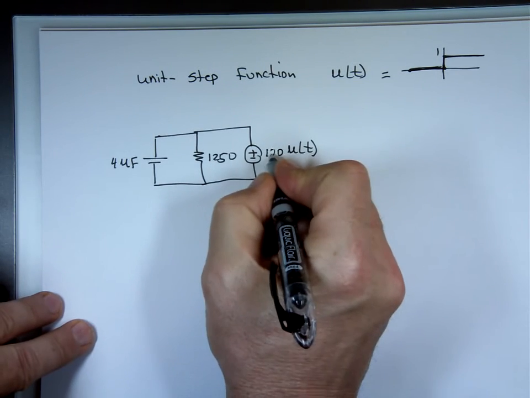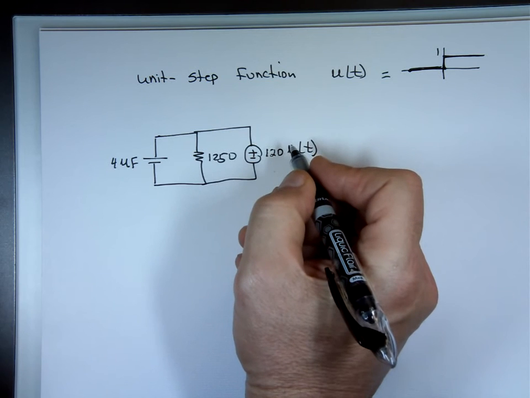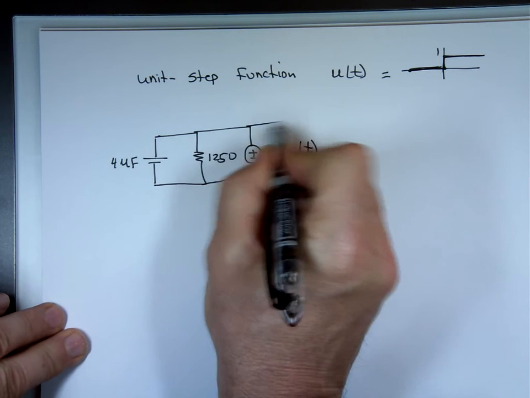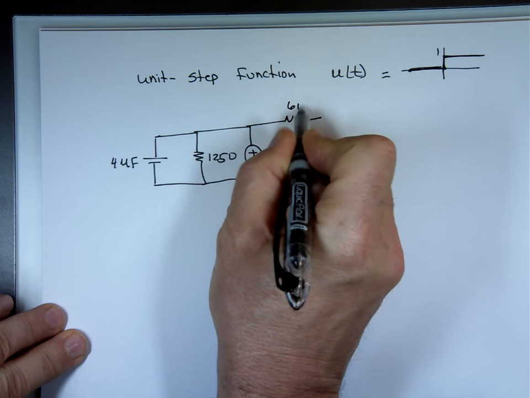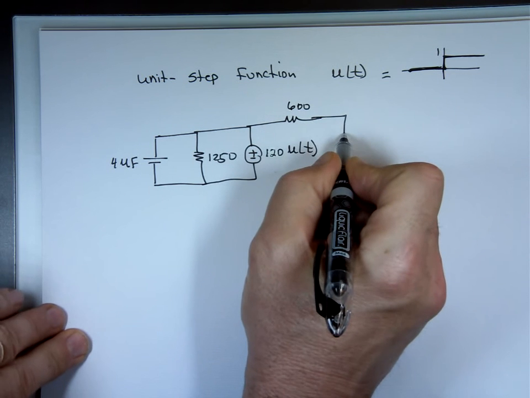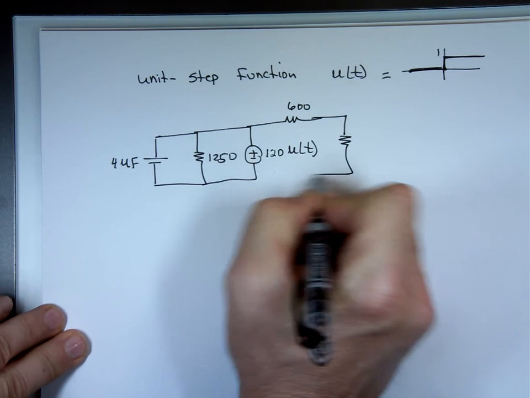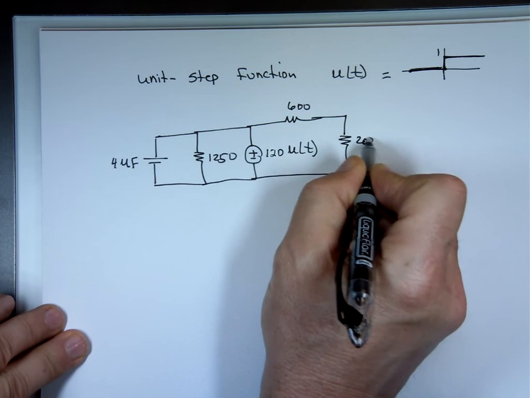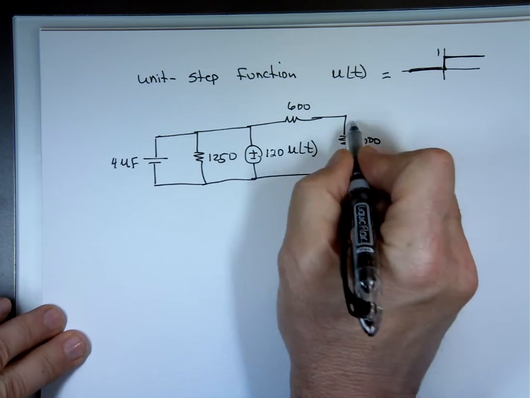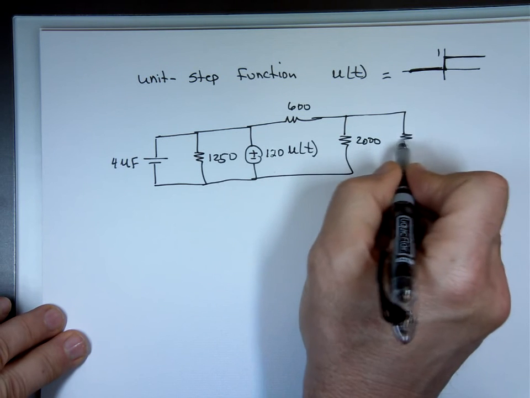And we had 600 on the top, and 2,000 and 500. That's what we had.